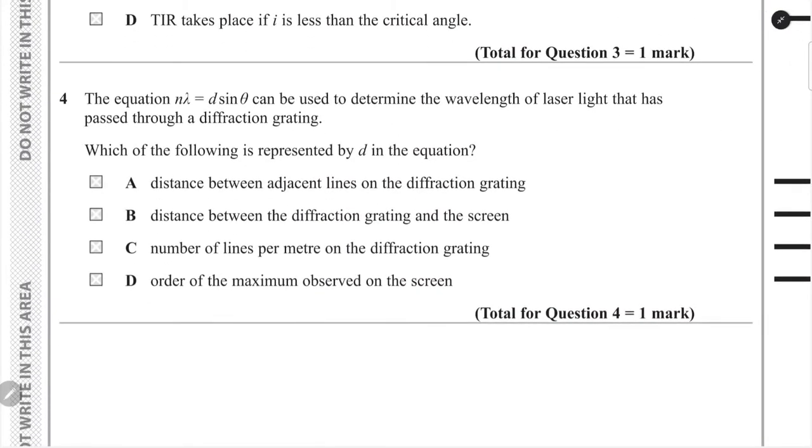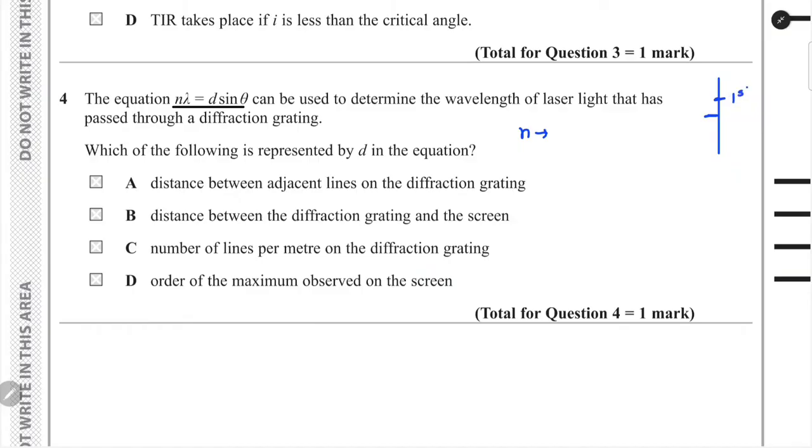Now in the next question, we have a question about the diffraction grating. This is just a question testing if we remember how the diffraction grating equation works. For the diffraction grating equation, n is the number of the maximum. So we have our 0th maximum, or the central maximum.